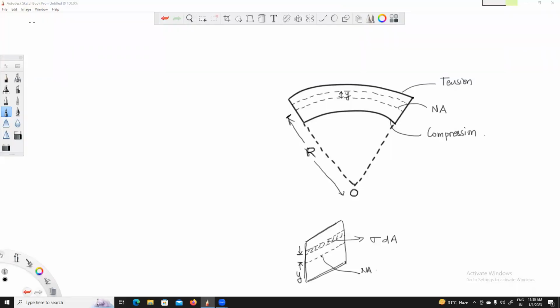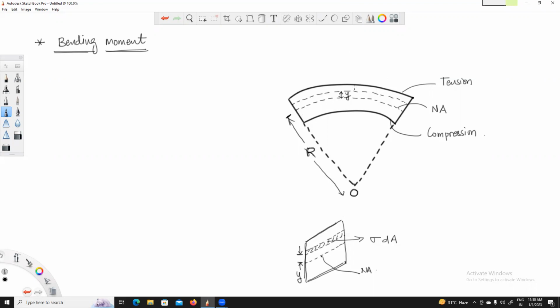Now, let us discuss how to find the bending moment in a beam. Again, I have drawn a deformed shape. Suppose you have applied a load on this beam and now this beam has assumed this particular shape.